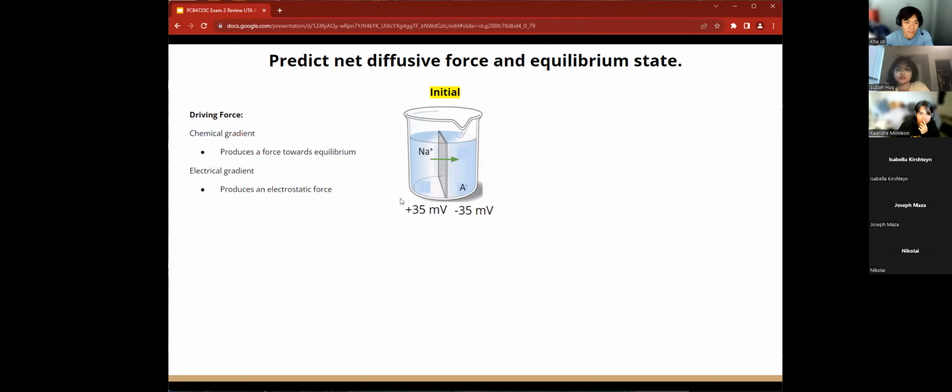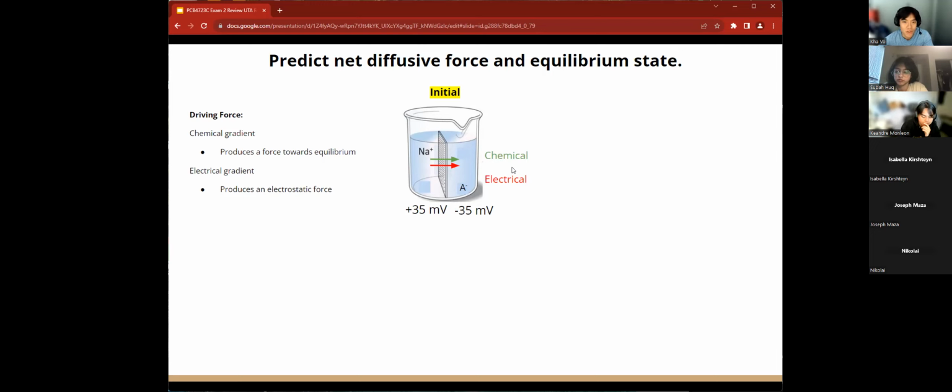On the left side, we have 35 millivolts, right side, negative 35 millivolts. So the electrical gradient, as you probably know, opposites attract, right? So in this very specific example, the chemical gradient force is to the right and the electrical gradient force is also to the right, okay? So very simple so far.